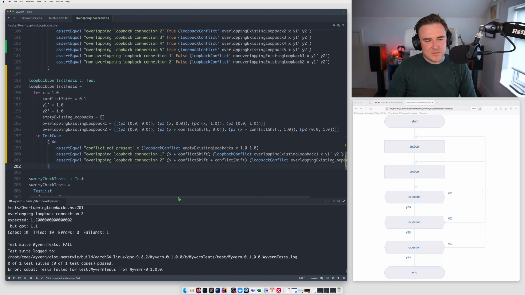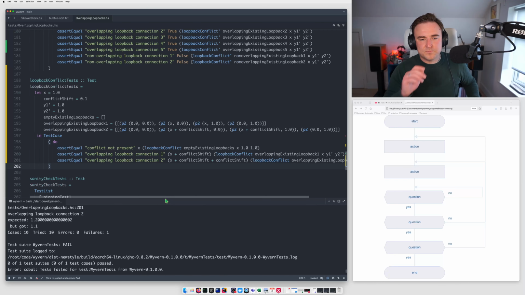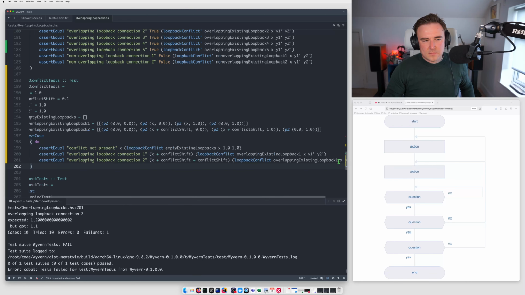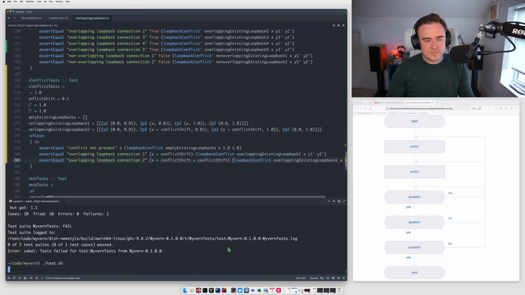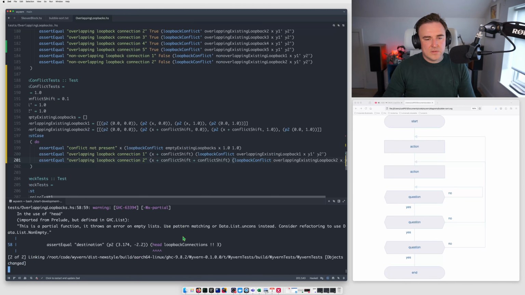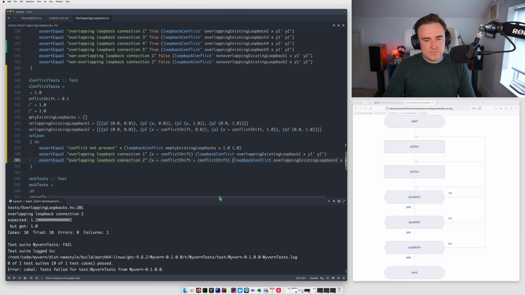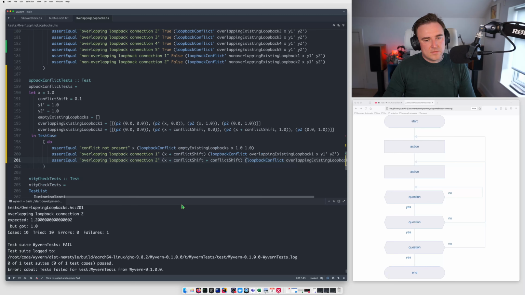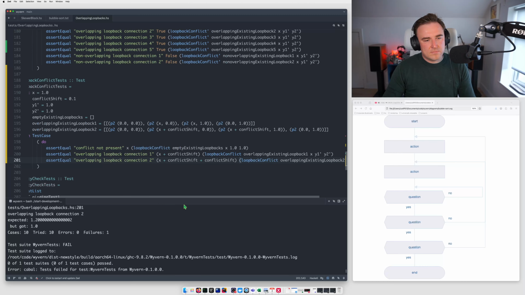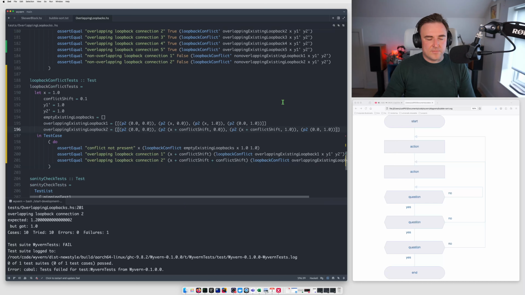But got 1.1. Oh, now we need a list consisting of 2 loopback connections.